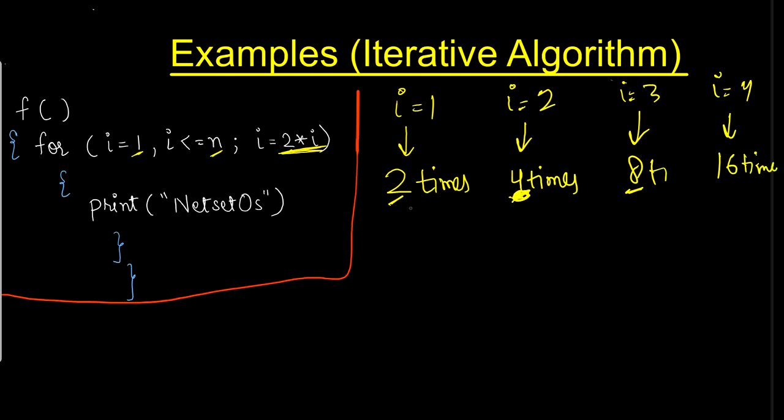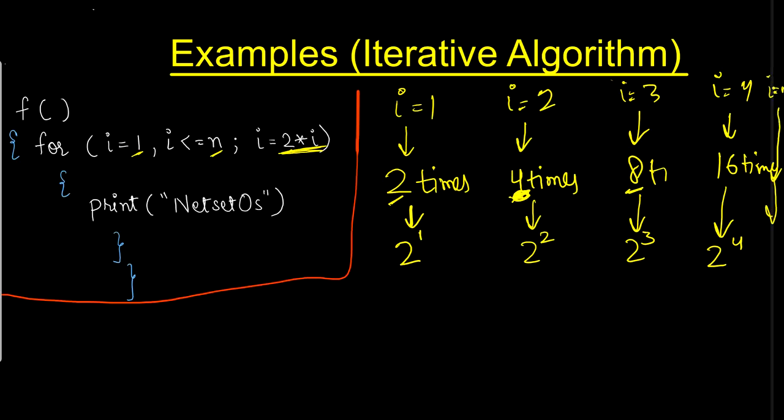Now if we analyze it better, here it is iterating for 2 to the power 1. This is for 2 to the power 2. This is for 2 to the power 3. Then this is for 2 to the power 4. And if I is equal to m, it will have 2 to the power m.